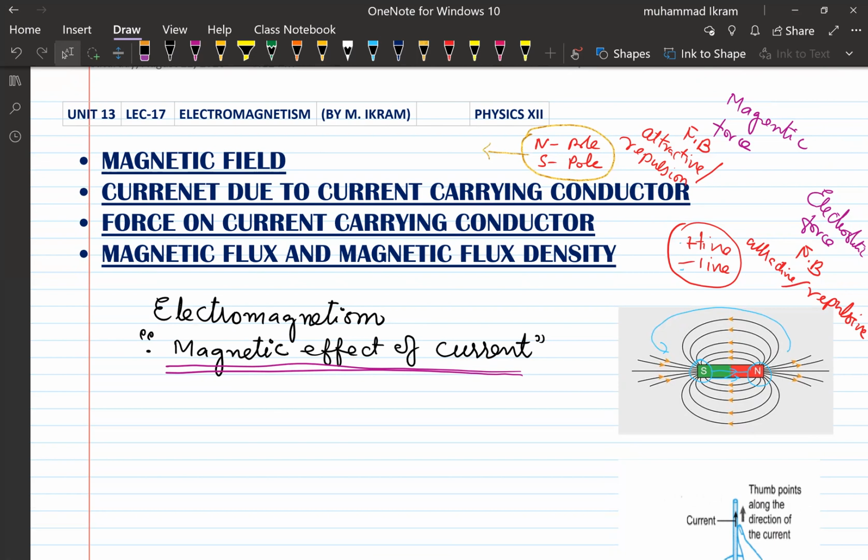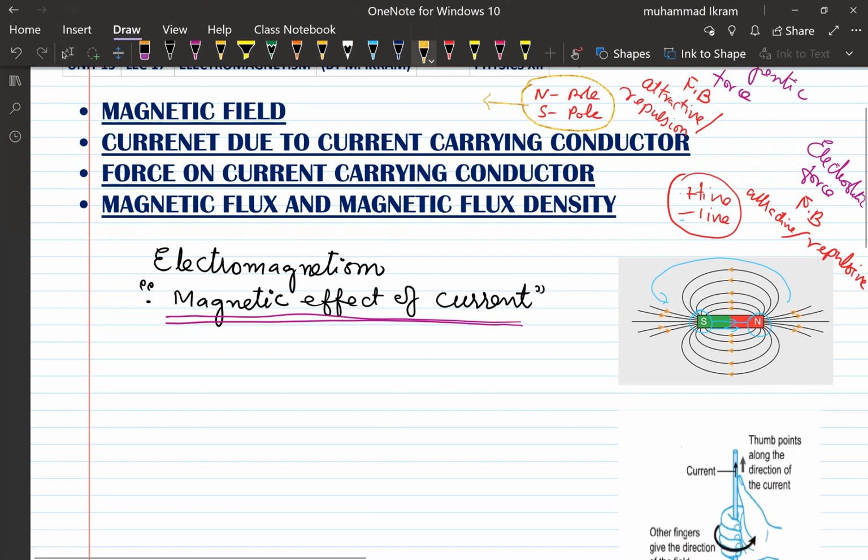But here we are not going to study the permanent magnet. So let us start with the first topic, and the first topic is magnetic field.